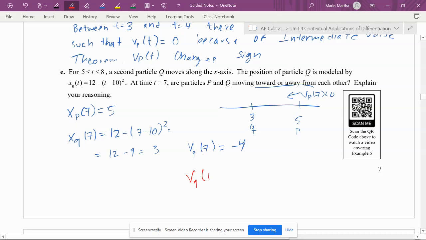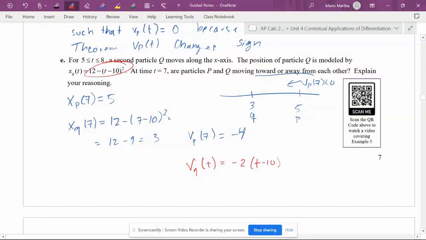First we're going to find the derivative, right? Remember, we have to find the derivative of this first to be able to find the velocity function. So using the chain rule, you're going to get -2 times the quantity t minus 10, all right? So we can just leave it like that, and then we would say v of q of 7 equals -2 times 7 minus 10.